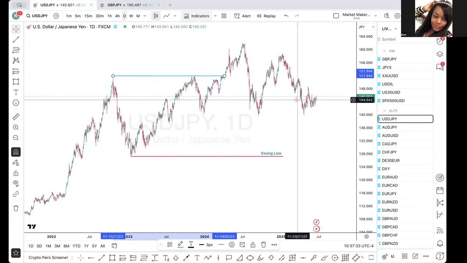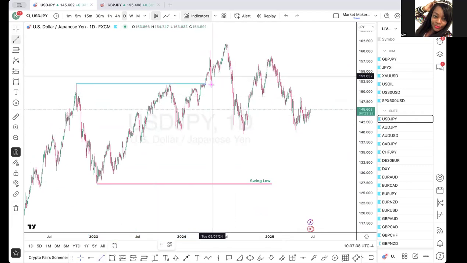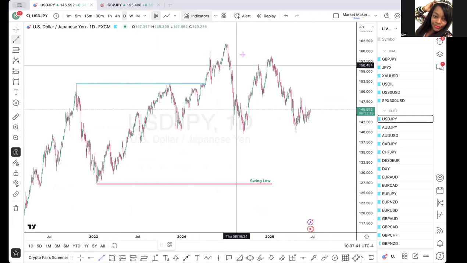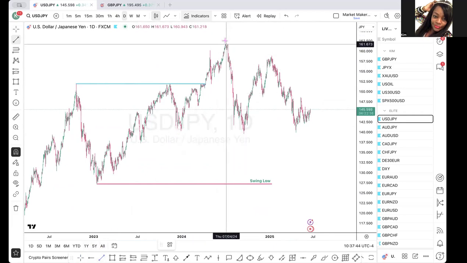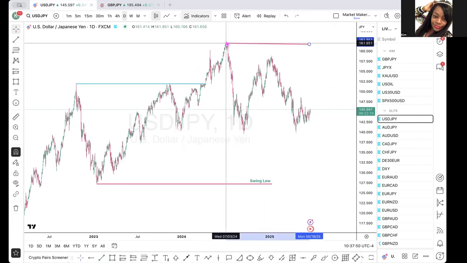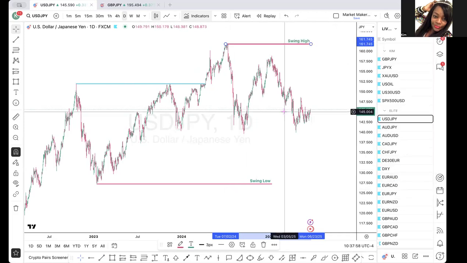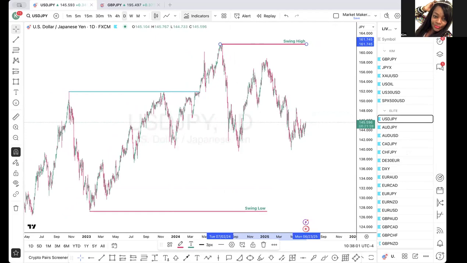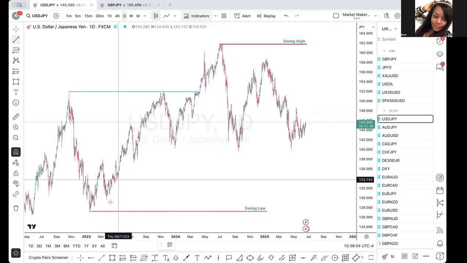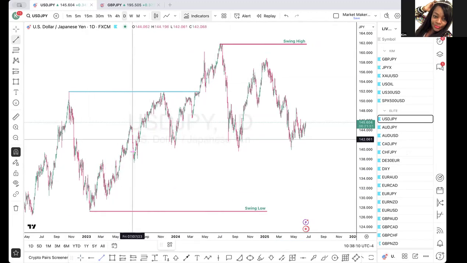So once price gave you a change of character, and hold on, that was a swing low. Let me mark it. And this was your swing high. This is your swing high. Then you have all these internals.